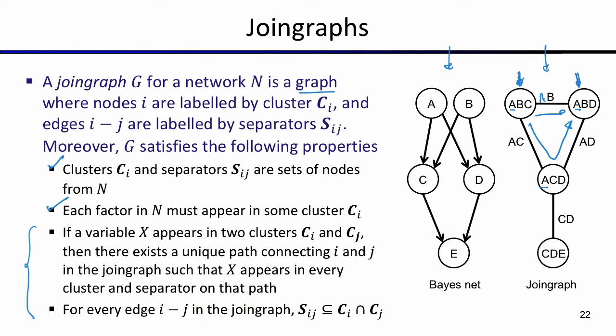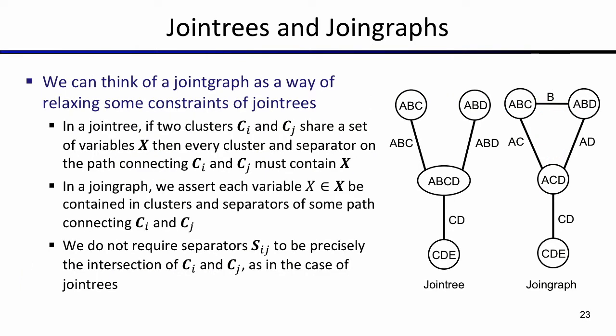It happens here as well with variable a. We have a and b in this cluster and a and b in this cluster, but now we define the separator as just b and not a and b. This was important in order to not create two paths connecting these two nodes.